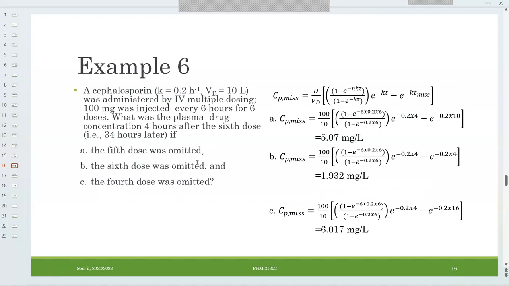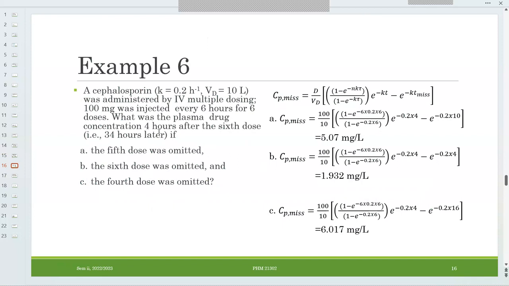So we have 3 possibilities we want to calculate. For all of them, they want the concentration 4 hours after the 6th dose, but the omitted dose is different.